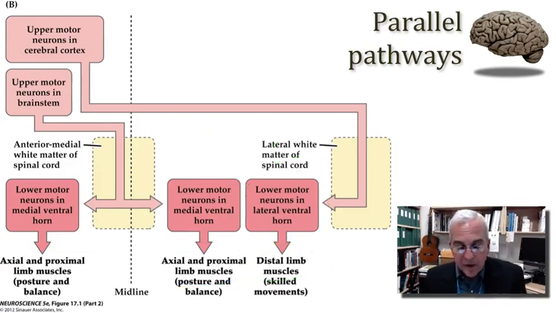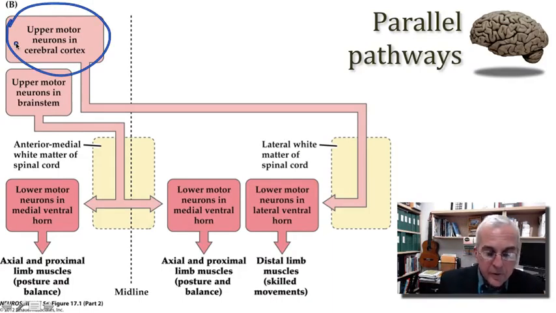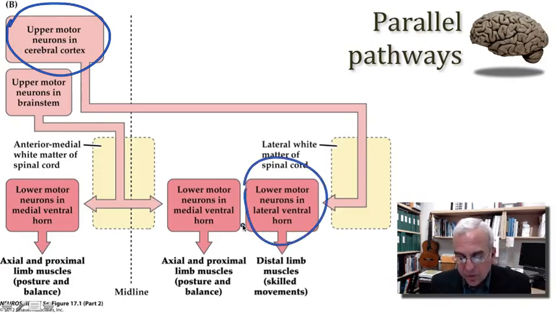Now, if we look at the way that the upper motor neurons in the cortex and the brainstem relate to these columns of lower motor neurons, this figure is intended to emphasize the point that the upper motor neurons in the cerebral cortex are mainly concerned with the lower motor neurons in the lateral part of the ventral horn. And I want you to notice in this figure the anatomical relationship across the midline of the body.